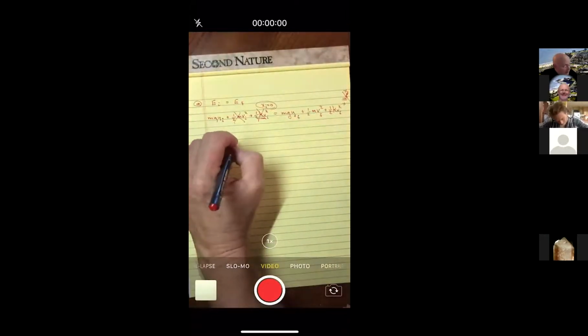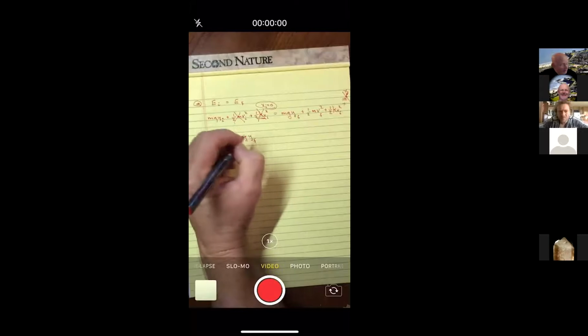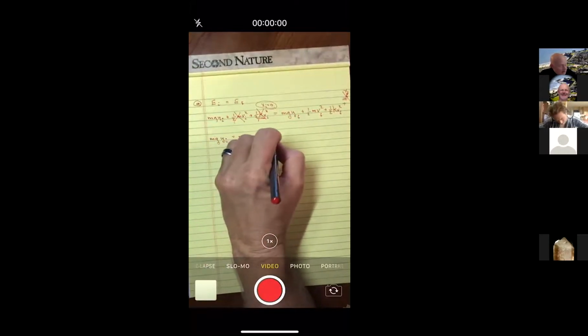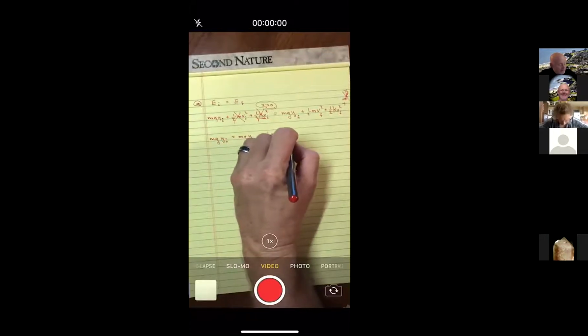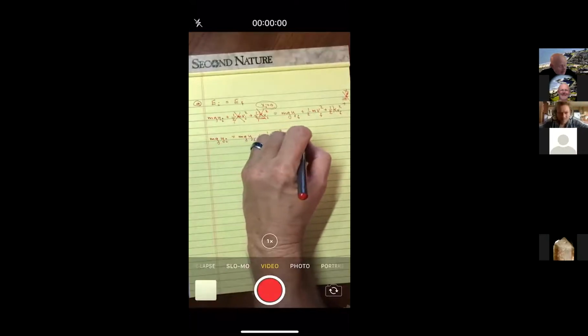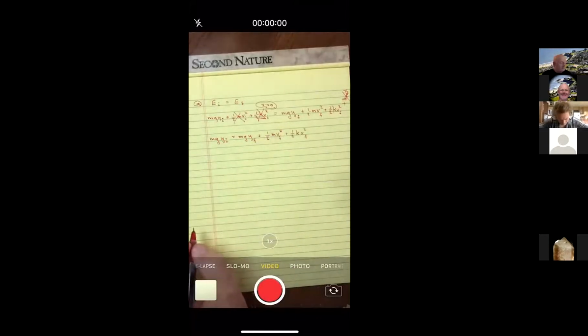Now, the other side of this is to say we have an mgy final, and then there is some speed that it's going to have, as well as a distance that it stretches.